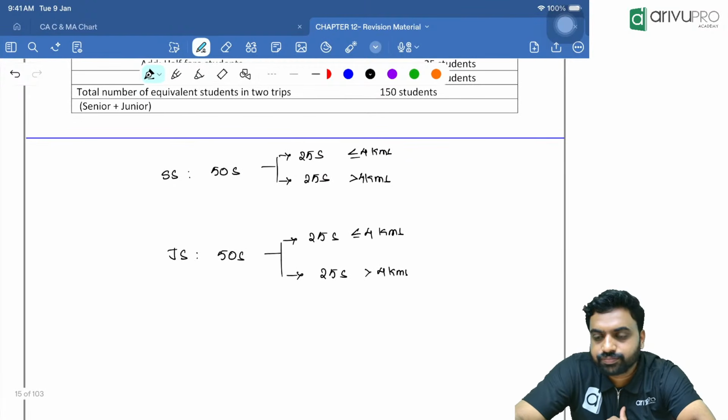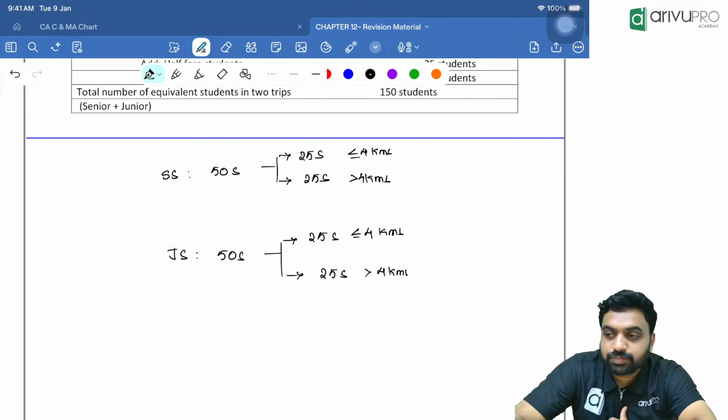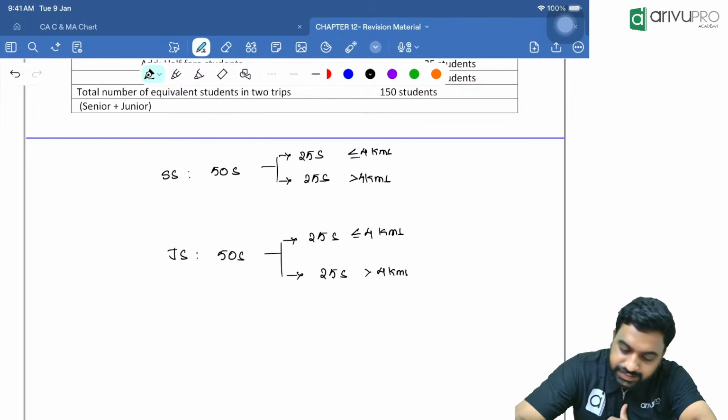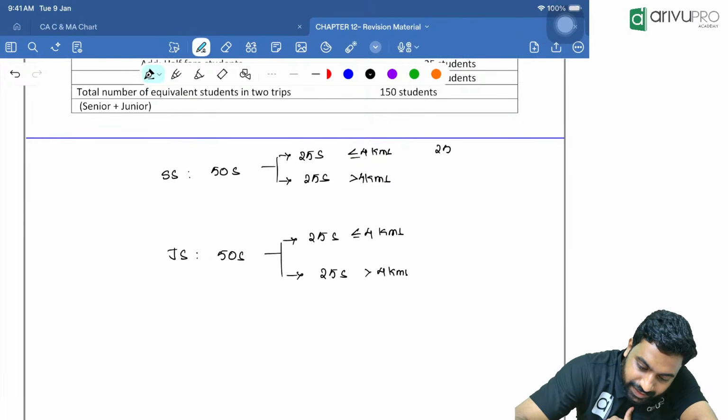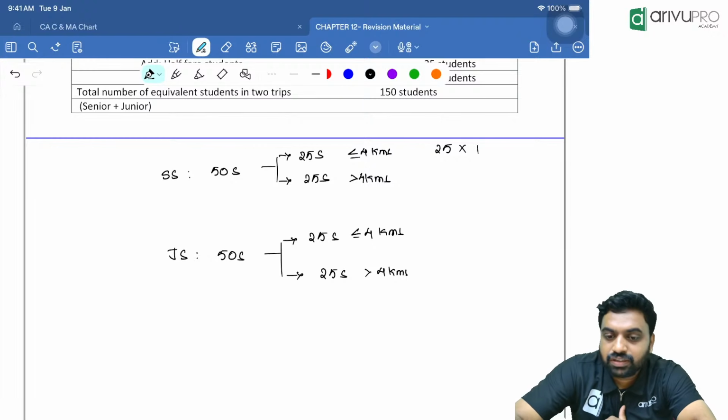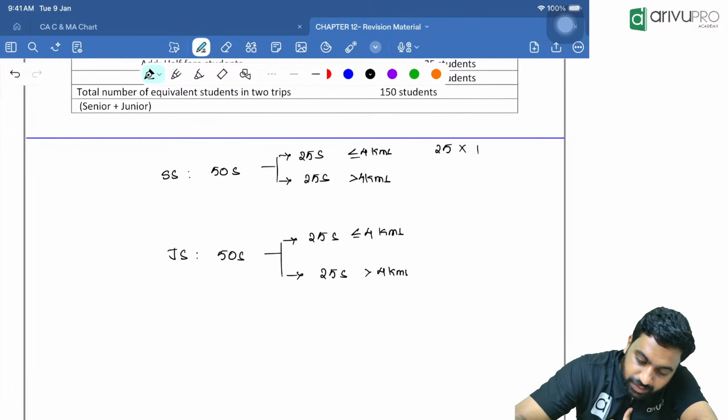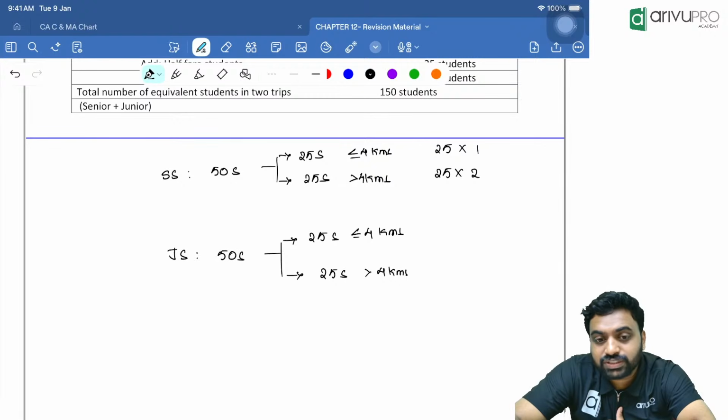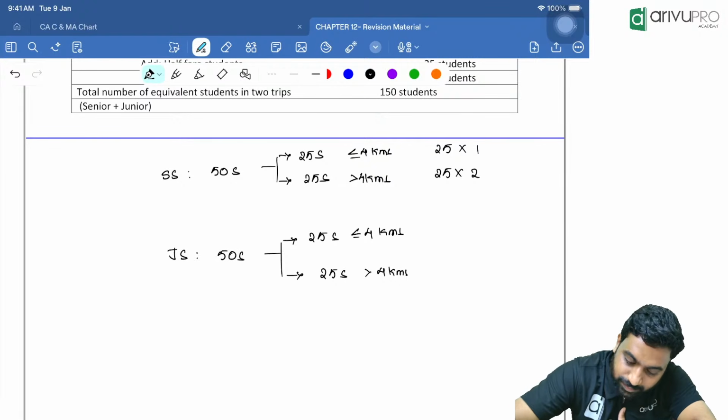Is that clear? Yes? Now listen. Which one shall I take as base? Less than 4. That means I will treat these 25 students as one student. But the bus fare charged to people who are traveling for more than 4 kilometers is twice of these people. That means this 25 is as good as 2 students who are traveling for less than 4 kilometers.